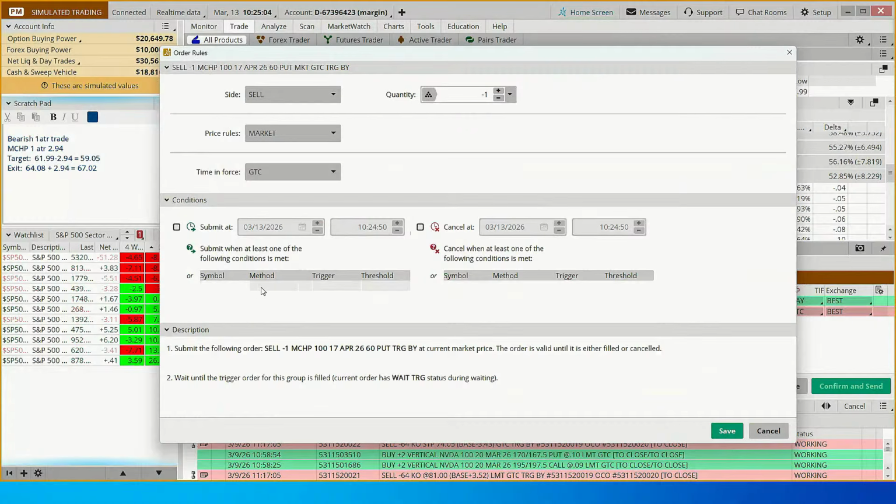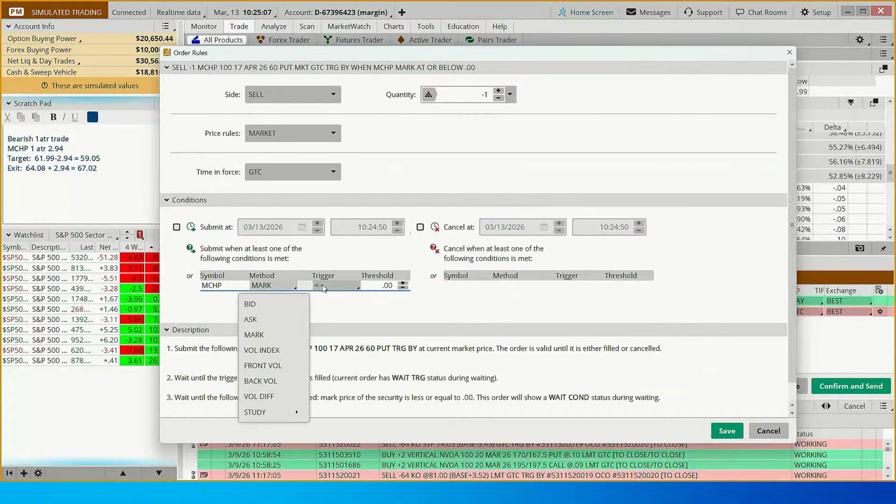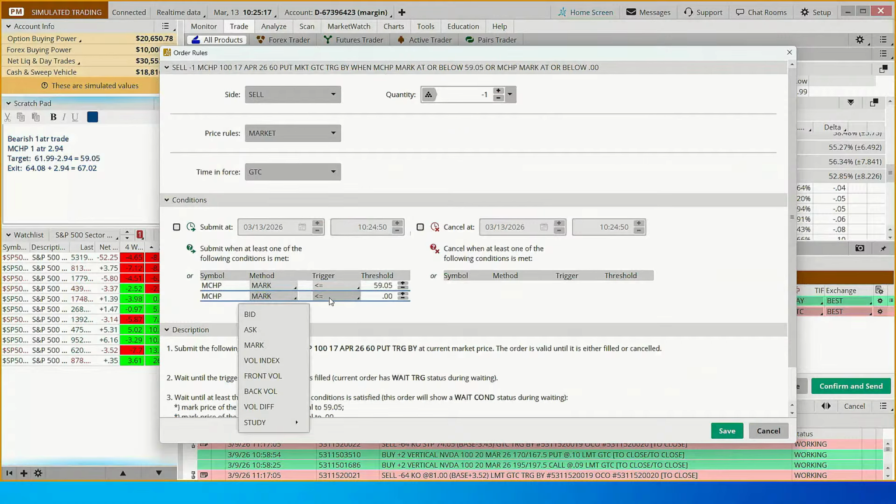And now my rule is I always put in the target first. So I want it to be less than 59.05. Or I want to exit if it does not go according to plan, if it goes above 67.02.